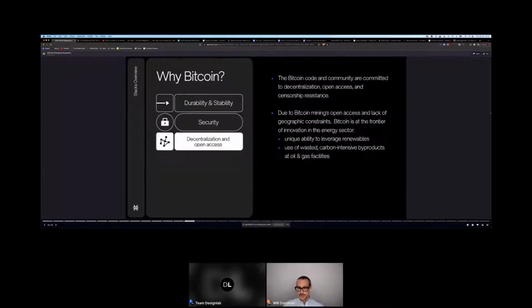And so also to double click on is the idea of energy consumption with Bitcoin mining. I know there's a real concern about that, but I think the longer the industry is around and the more valuable Bitcoin becomes, that is actually the greatest incentive to find the most energy efficient and most renewable resources to do Bitcoin mining.